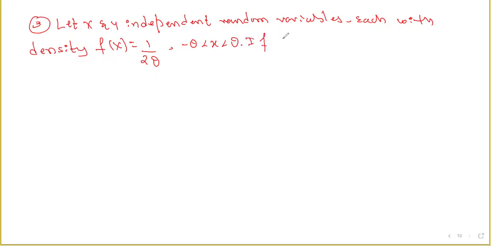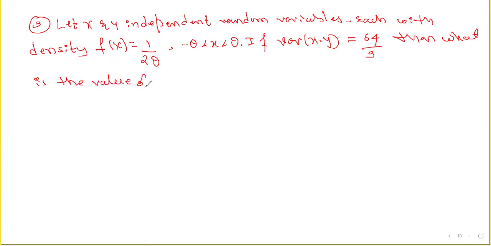If variance of xy is given as 64 by 9, then what is the value of theta? So here we are going to find the value of theta from the given information.